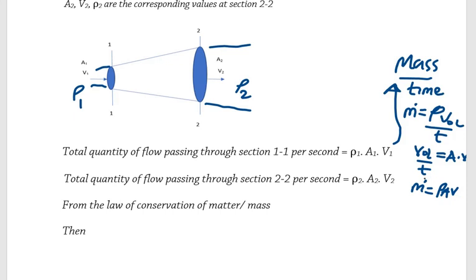At section 1-1, it will give you rho 1, A1, and V1. Likewise, at section 2-2, it will give you rho 2, A2, and V2.